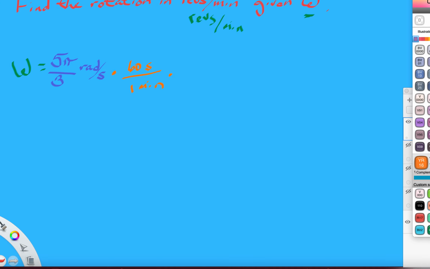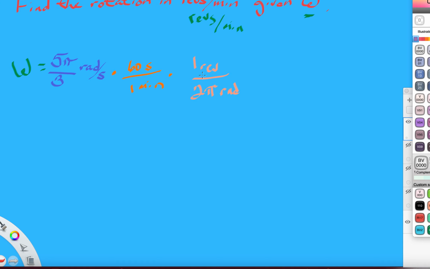And then I'm going to multiply by, I want to change my radians into revolutions. So I'm going to say that 1 revolution is equivalent to 2 pi radians. Okay? So now I can do a lot of canceling.